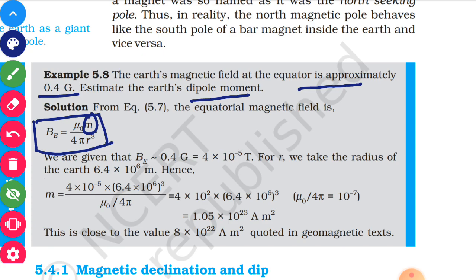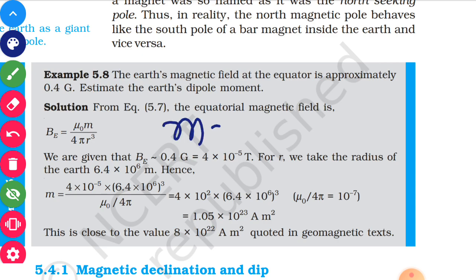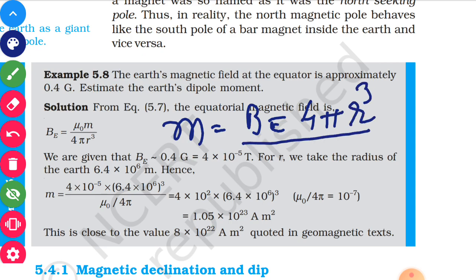Now we make m the subject of the formula, and easily it can be calculated. We can write m is equal to B_E, the magnetic field at equator, times 4 pi r cube, upon mu0. Now we just have to place the values.